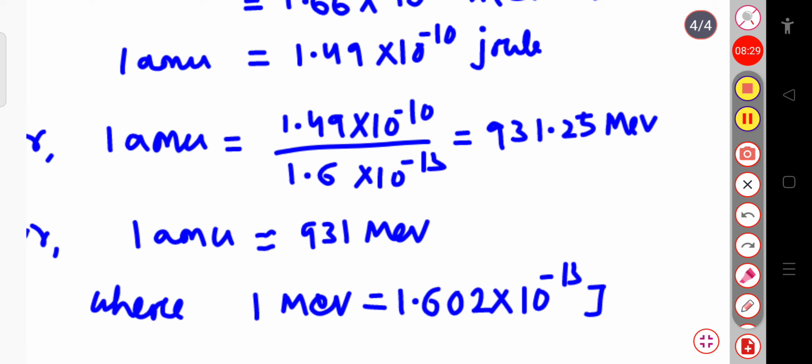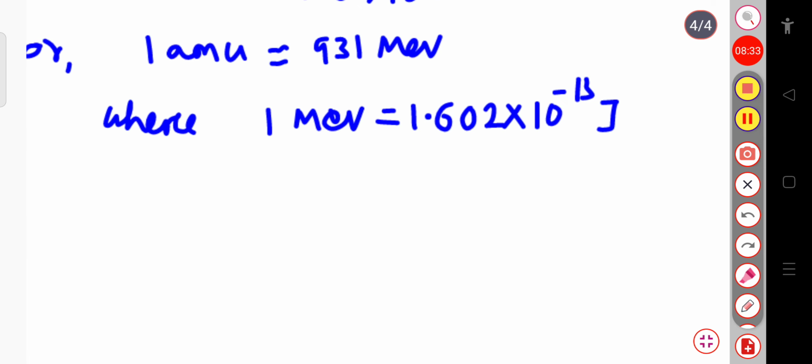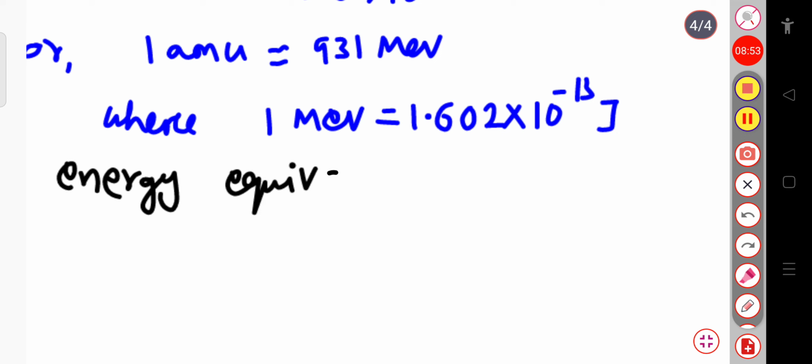Okay, clear? And now similarly we can write the energy equivalent to the mass of the electron.